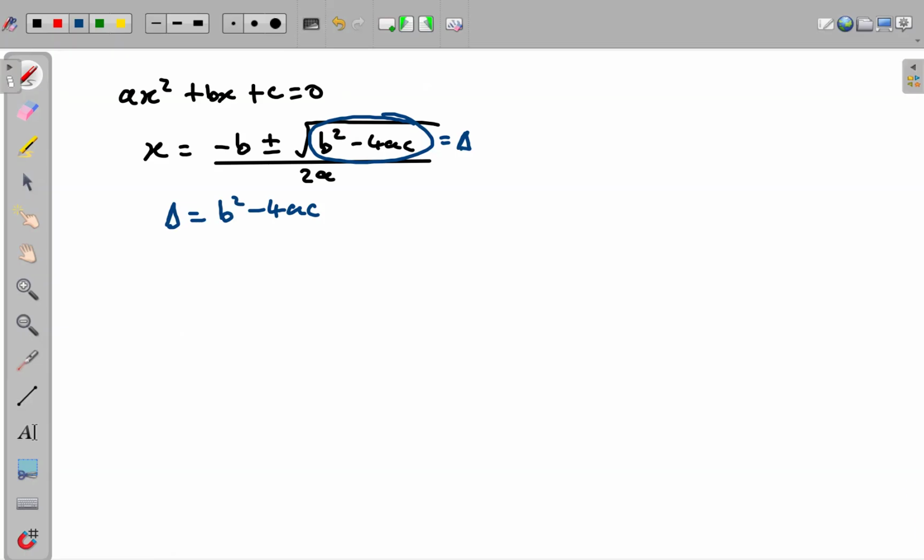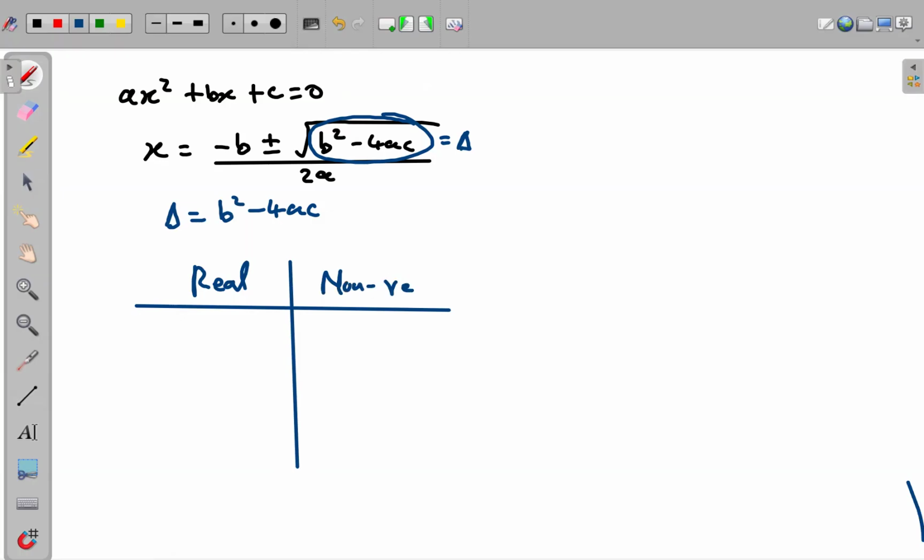And this is what we said. We said there are two main categories. You can have roots as real or non-real. And then we said for non-real is very simple. We just need that delta to be negative. So in other words, you type in b squared minus 4ac and you get a negative number. You already know roots are non-real.